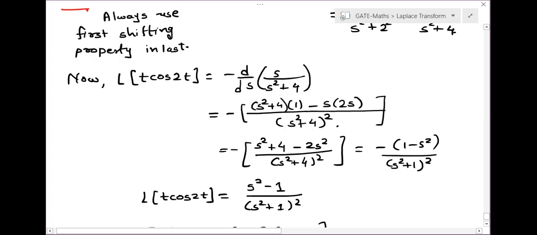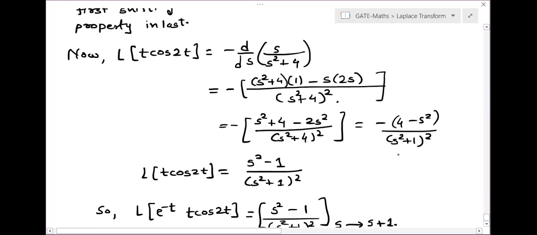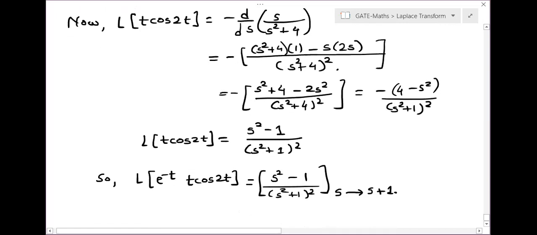So s square plus 4 minus 2s square, this will become 4 minus s square, or not? This is your 4 minus s square. And in denominator also we are having s square plus 4 whole square. So here it will become s square minus 4 over s square plus 4 whole square.